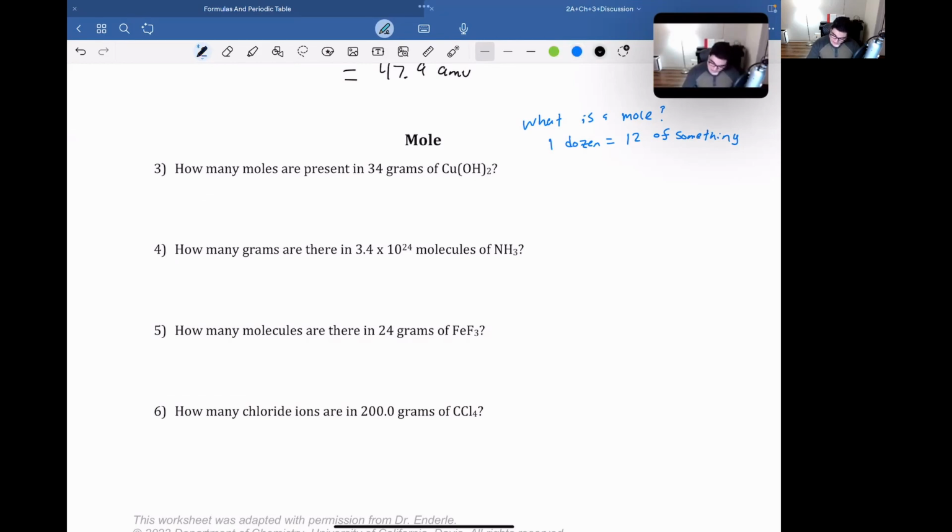Now, a mole of something is really the same idea. 1 mole of something, instead of it being 12 of whatever it is, is 6.022 times 10 to the 23rd of something. So an Avogadro amount of something.